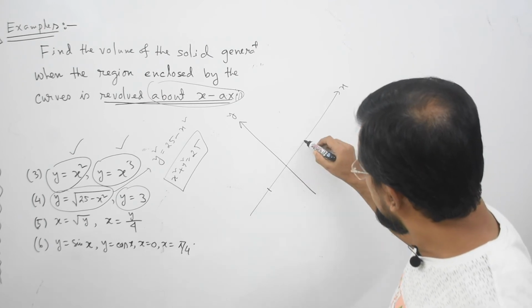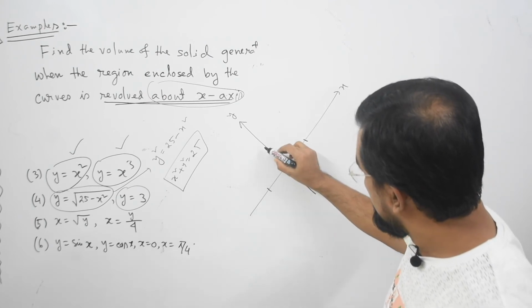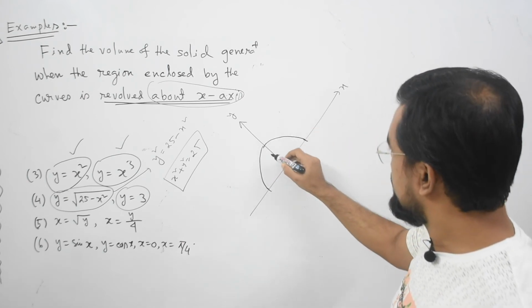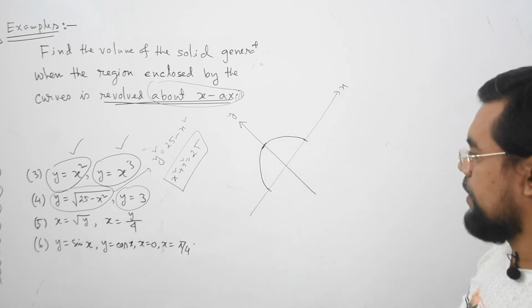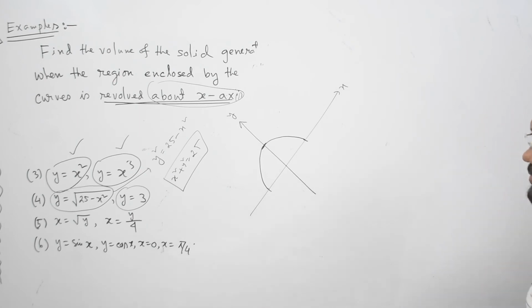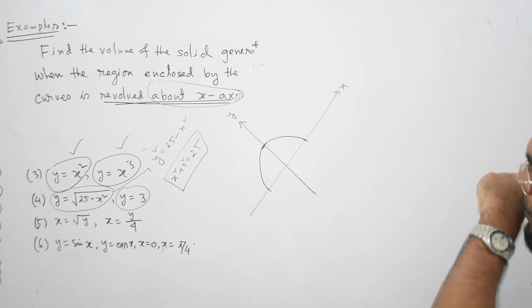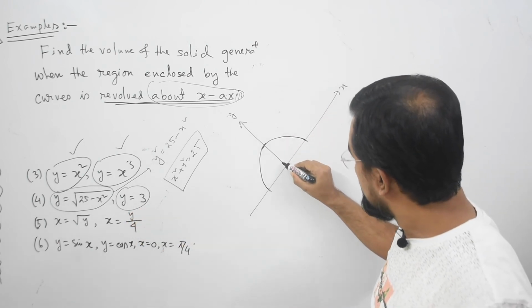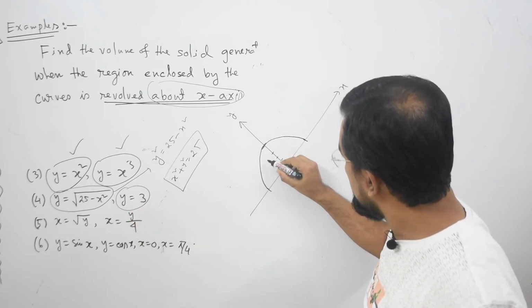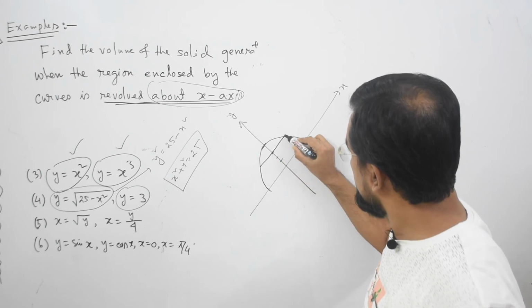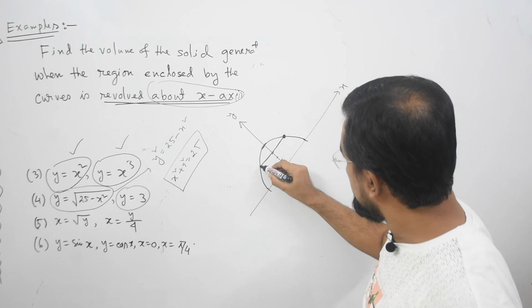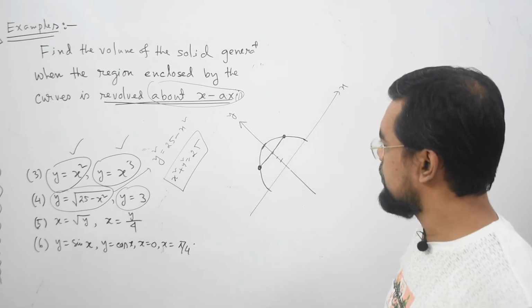Let's say 5 is here. So this is a semicircular region, and another curve y equal to 3. Let's say here, this is y equal to 3. And what is the coordinate of this point and this point? You need to calculate.